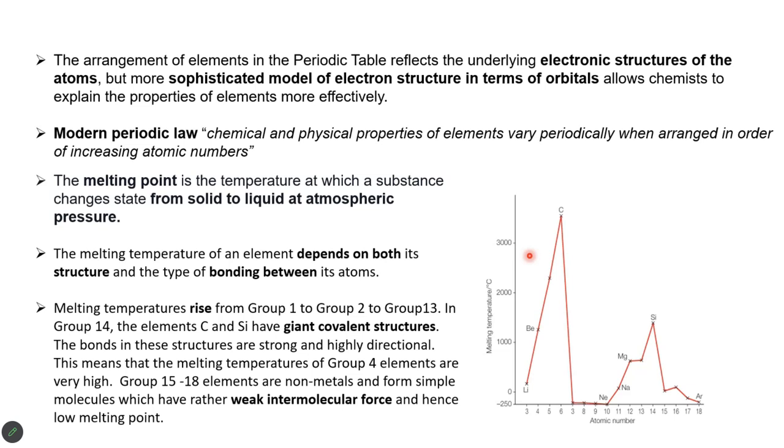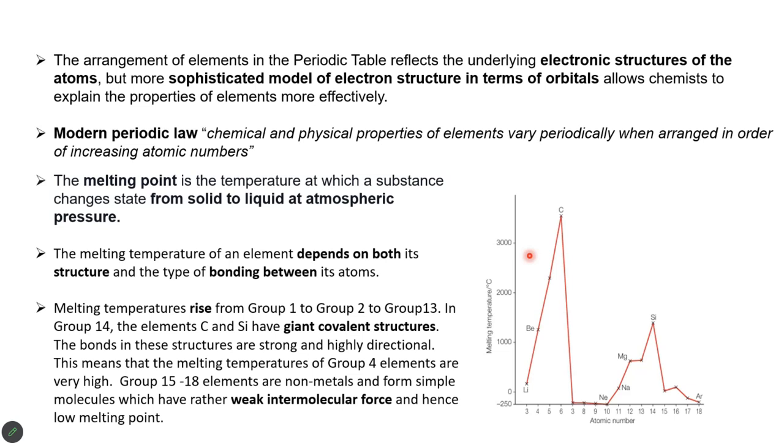We talked about the modern periodic law: chemical and physical properties of elements vary periodically with increasing atomic number. So there are physical properties as well as chemical properties. Let's talk about some of the physical properties, how they vary with the period and also with the group.